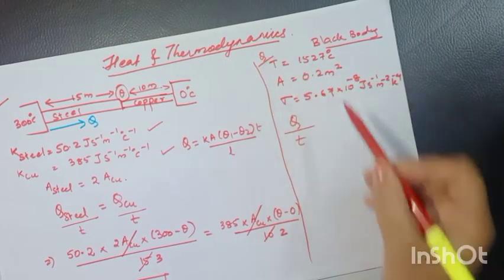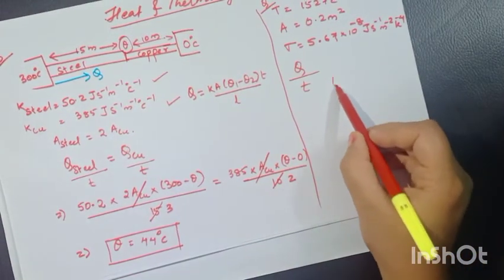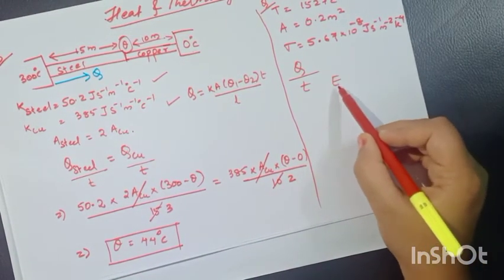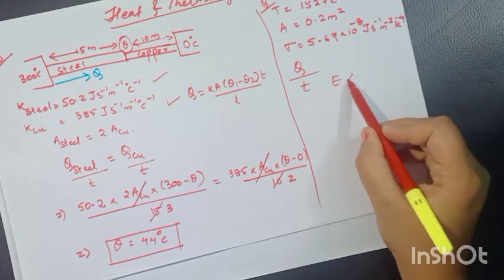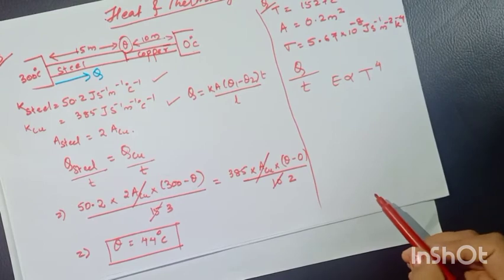From Stefan's law of radiation, we know the amount of energy radiated per unit area per unit time is directly proportional to the fourth power of absolute temperature.